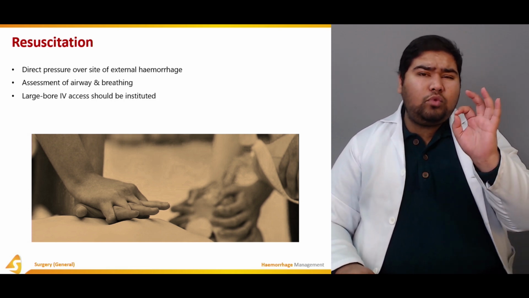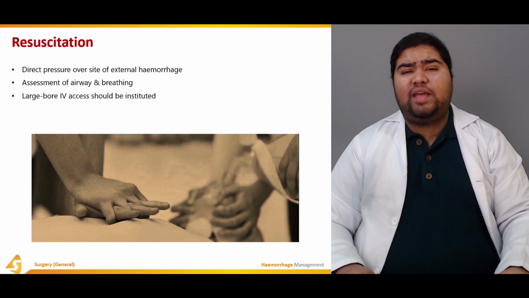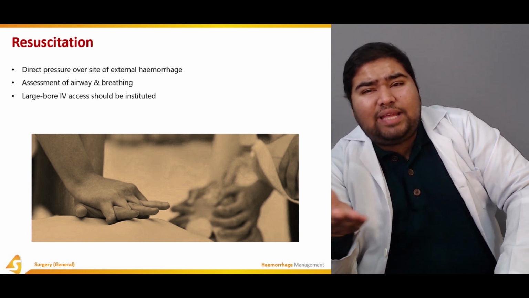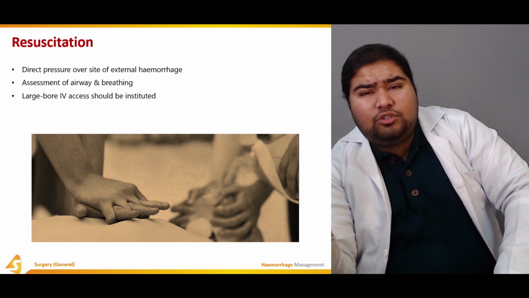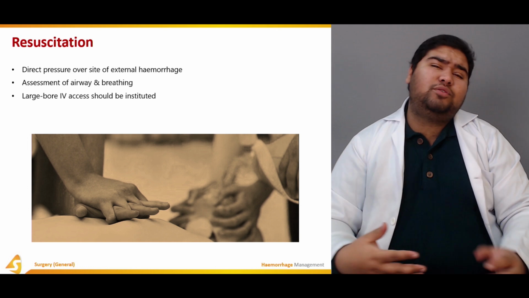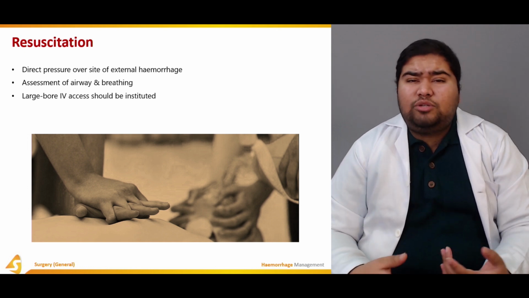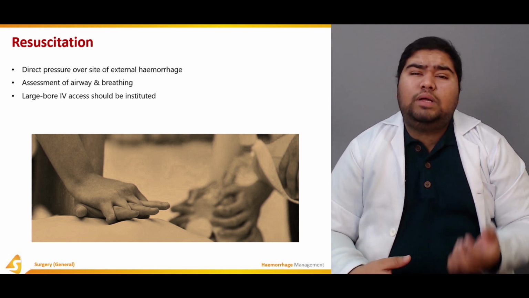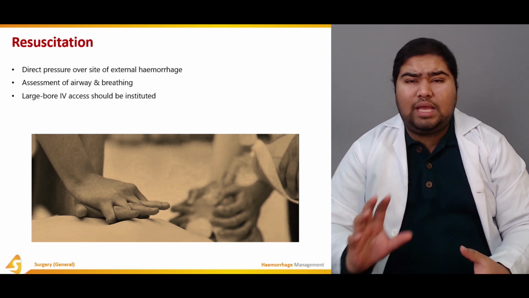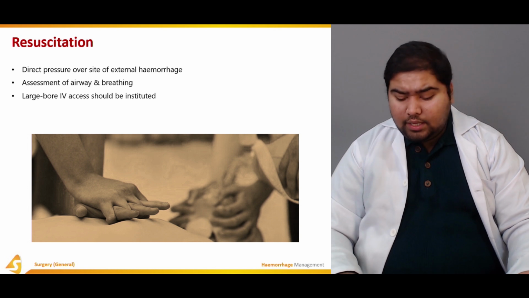Now always go for large bore IV access because you might have to activate the MTP, the massive transfusion protocol. Even if you don't have to use that, you might have to resuscitate your patient with a lot of fluids. So using a large bore IV cannula, you should be ready and prepared for that.